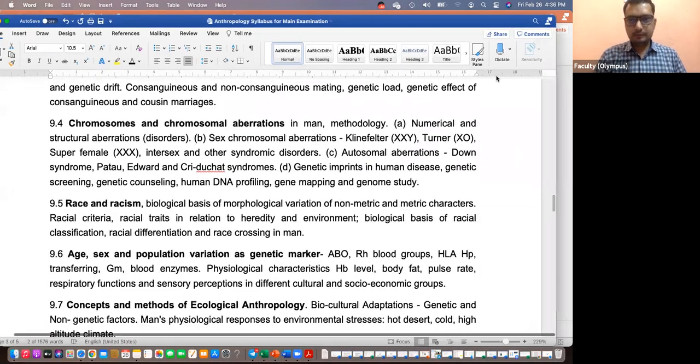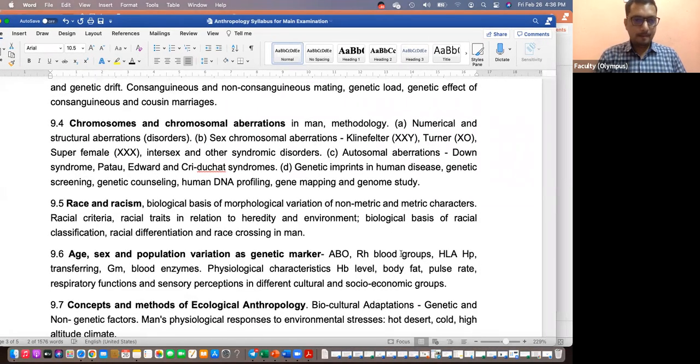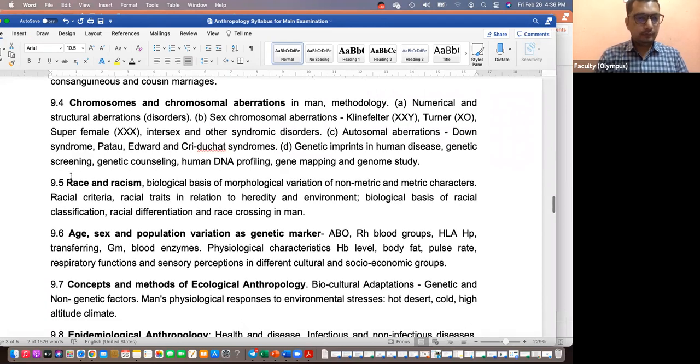As you see here, 9.5 deals with the race and racism concept. Here the topics have a lot of overlapping ideas, and they will eventually become clear to you.